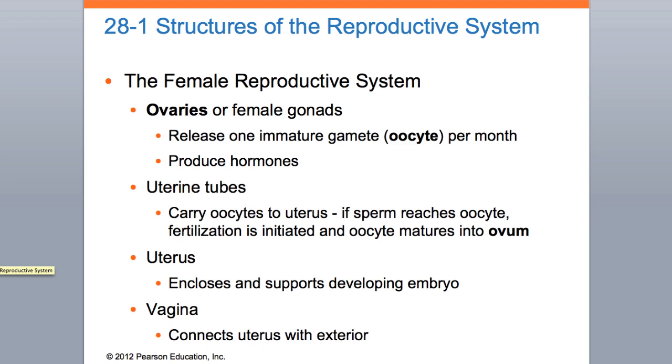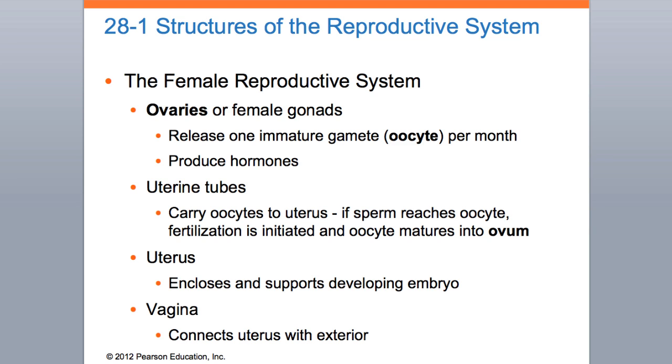Now here's the slide on female. The females have the ovaries or the female gonads, and they release one immature oocyte per month. Now of course that statement is a generality. This is how we end up with having twins, where we have more than one oocyte removed or released.